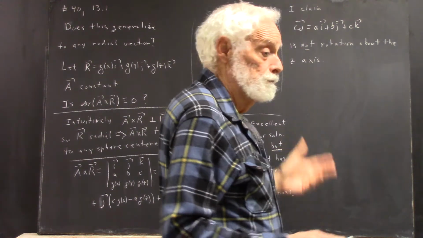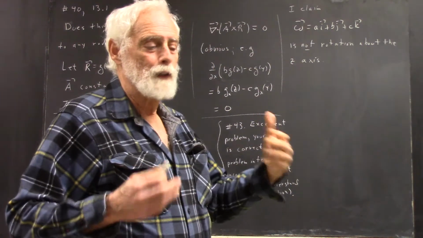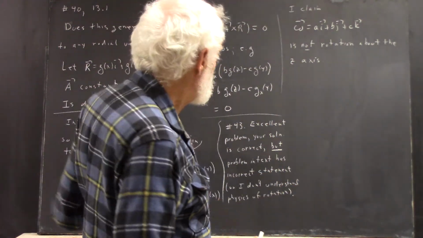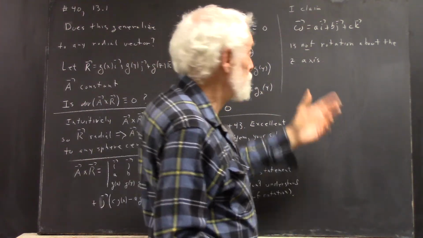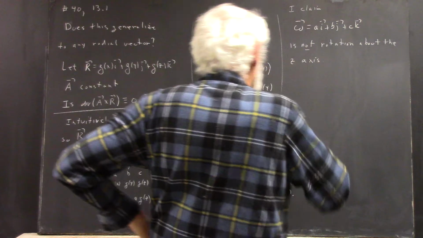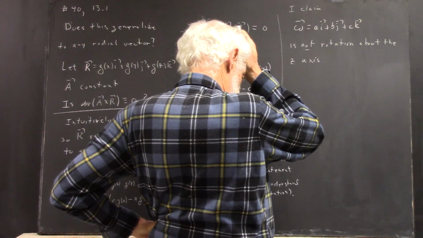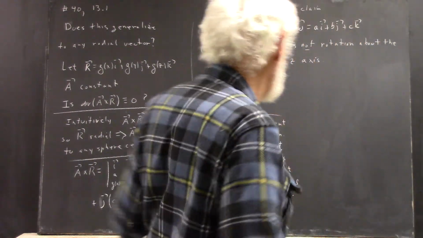Nope. The direction of the vector rotation is the direction of the axis. Okay? And we don't care if it's clockwise or counterclockwise. It makes no difference. And let me use, okay, yeah, at a point.